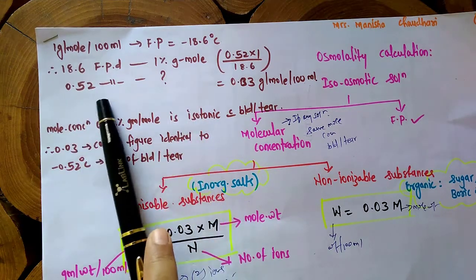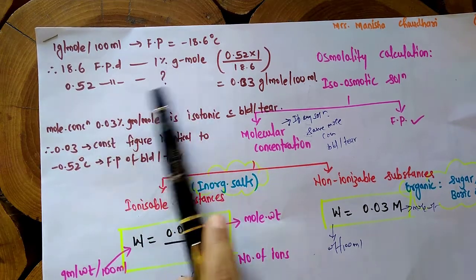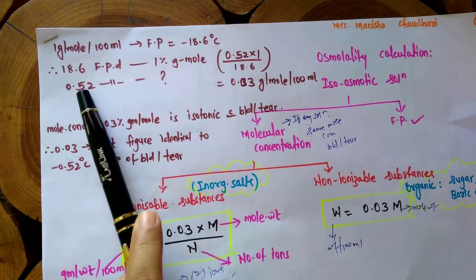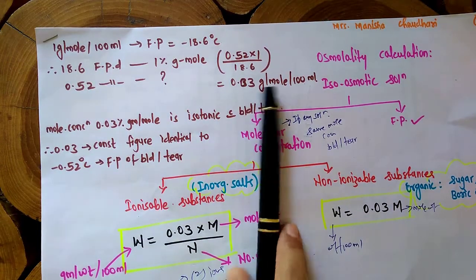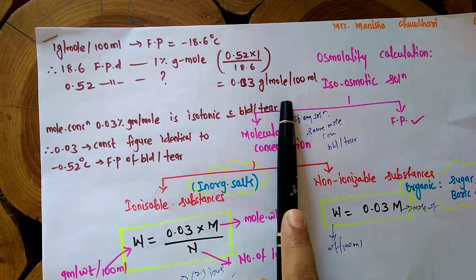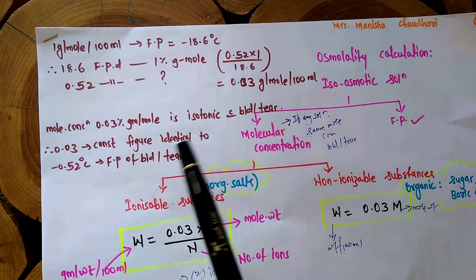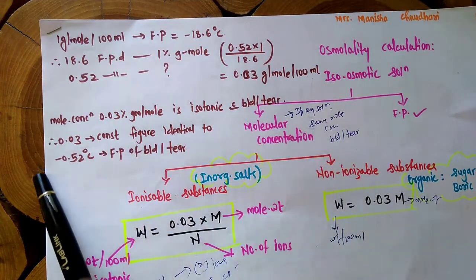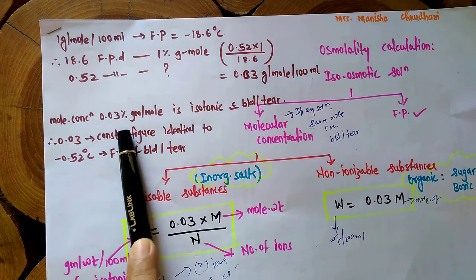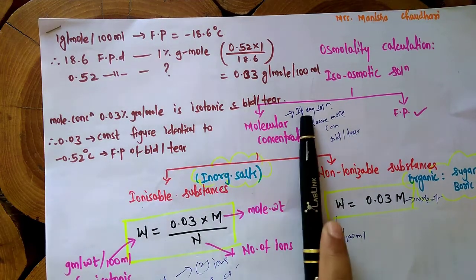So 0.52 freezing point depression is how much? Cross multiplication takes place: 0.52 × 1 / 18.6. You will get the answer, that is 0.03 gram mole per 100 ml. So a molecular concentration of 0.03 gram mole is isotonic with blood or tear.